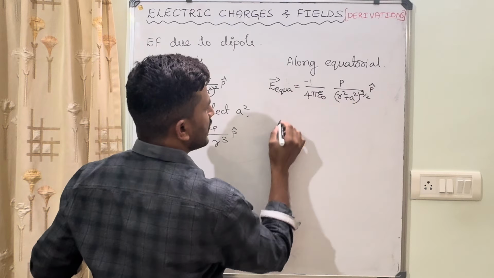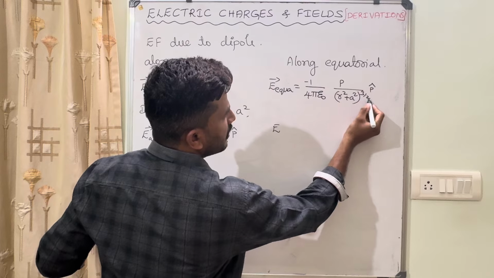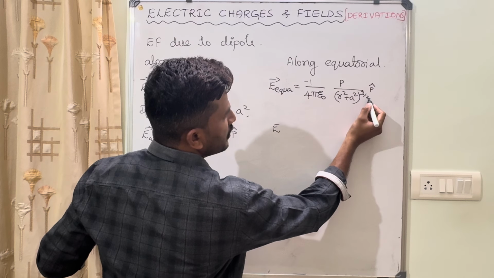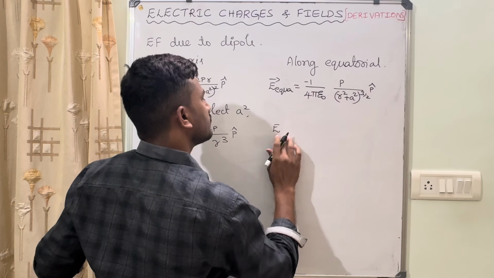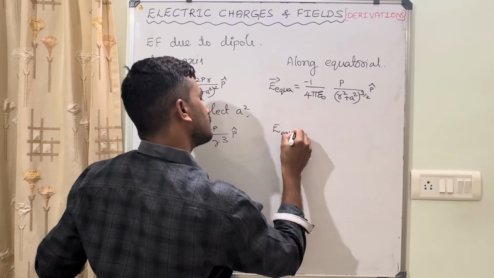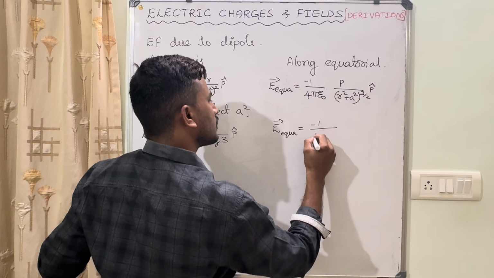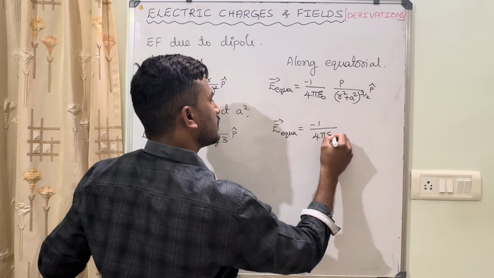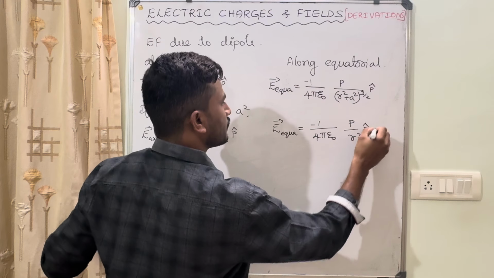Here neglect a square, so a square will get neglected, 0, r square, here 2 will get cancelled, only 3 will be there. So E equatorial is equal to minus 1 over 4 pi epsilon naught p divided by r cube.